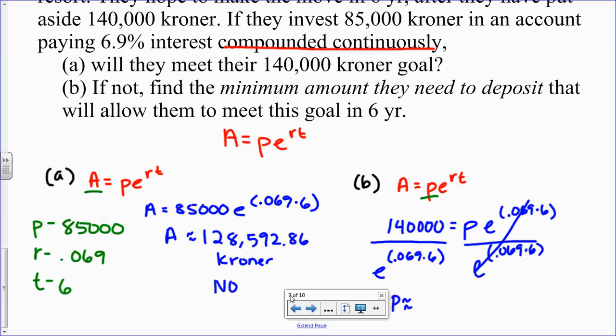So we're still using decimal places. I mean, this isn't American currency, but it's still a currency, so we'll use two decimal places.